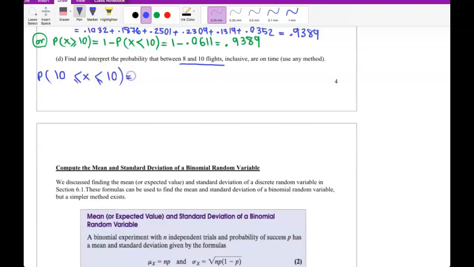So that is equal to, starting from here, we have probability of 8, 9, 10.